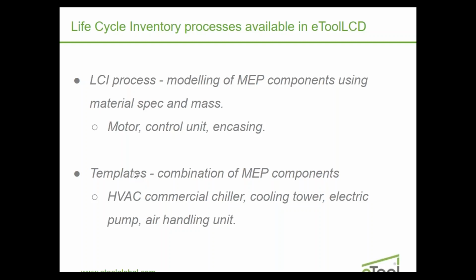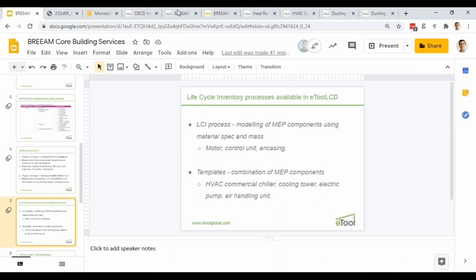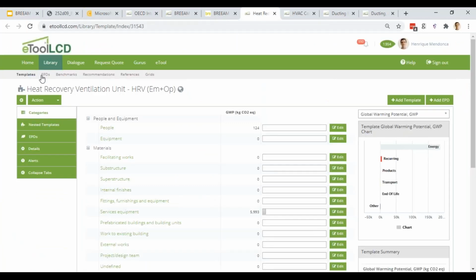And the way we do it in the software is by looking at the specification of that element and assigning the specification for the material and the mass of the material. We often include some people and equipment impact to account for maintenance. And it's also useful for lifecycle costing alignment.